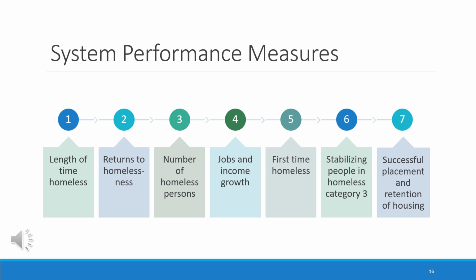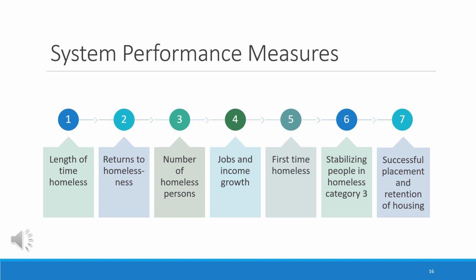They are important because the CoC is supposed to be driving these in the right direction and making improvements on its performance. In fact, HUD scores CoCs on their improvement of SPM outcomes as part of the CoC application. The SPMs are measured using data from HMIS or in your system CMIS.